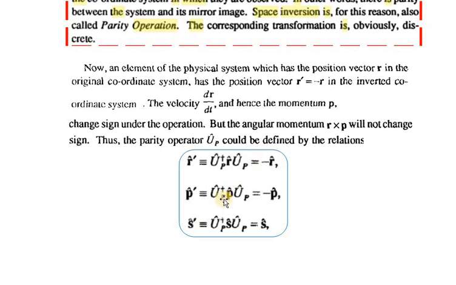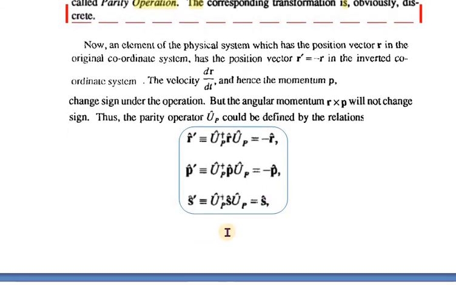Similarly for momentum, U dagger p U equals minus p. And the angular momentum is invariant: U dagger S U equals S, no change after the transformation. S for spin, rotation.